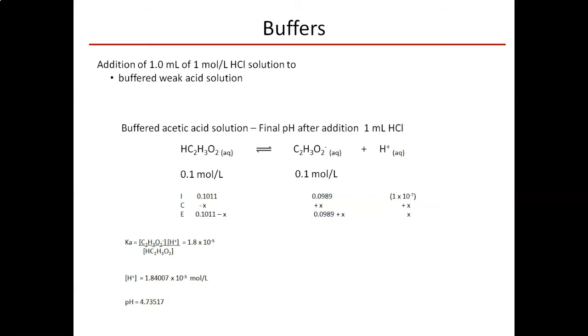Now, if I add my 1 milliliter, I'm going to cause some moles of this to be converted into that as a stress. After the stress, I'll reestablish my equilibrium. Assuming all of what was added is first pushed that way, I get a pH of 4.735. If I was recording this at the correct sig figs, I wouldn't even detect a change in pH. Whereas in pure water, it caused the pH to change by a value of 4.